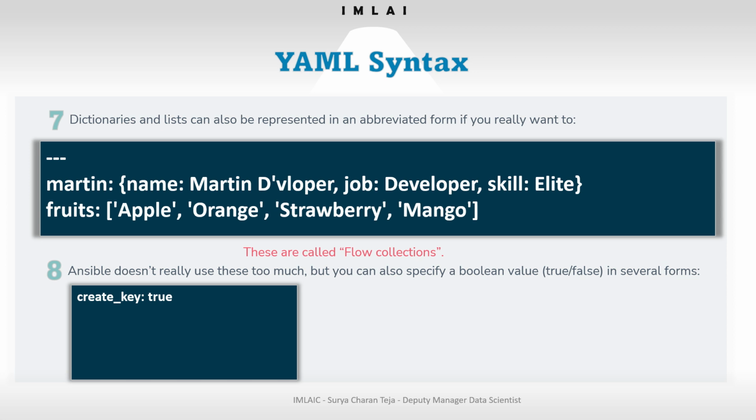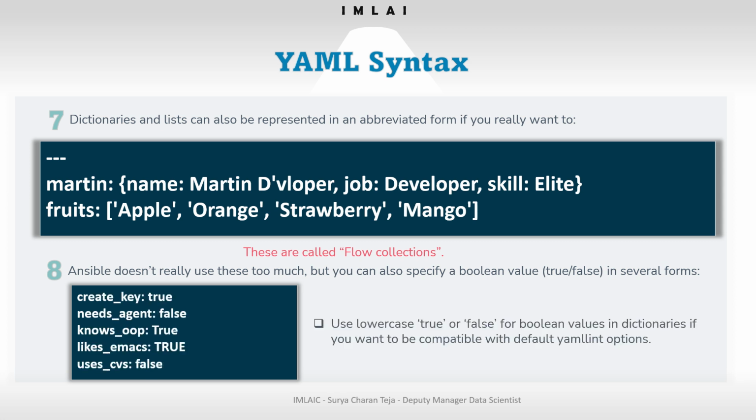Yes, we use this widely in YAML files. So needs agent false, knows OOP true, true, false. Use lowercase true or false for Boolean values in dictionaries if you want to be compatible with default YAML lint options. Okay, for dictionary use lowercase.